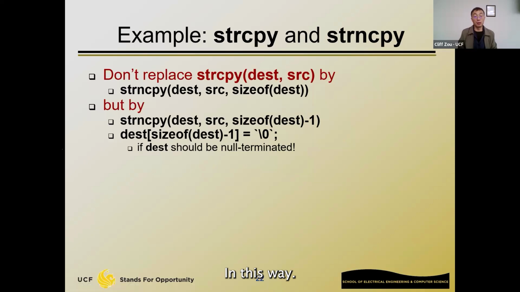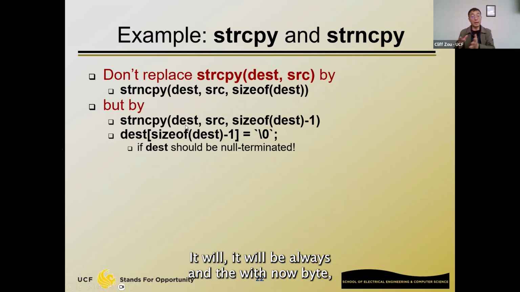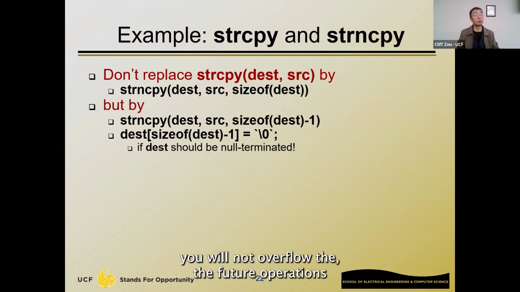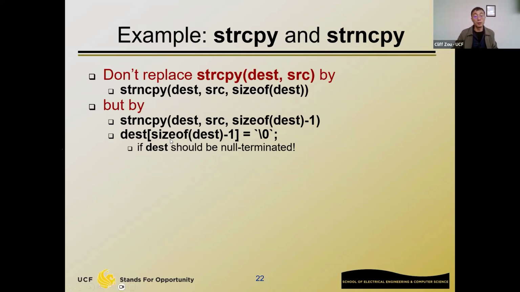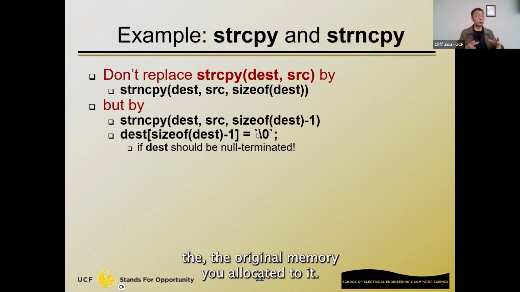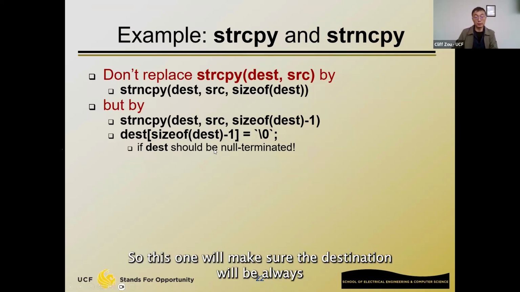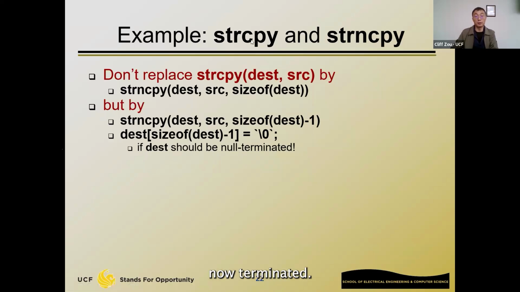In this way, it will always be ended with a null byte. Then all the other later string operations will not overflow. And this destination string will always be less than or equal to the original memory you allocated to it. So this one will make sure that the destination is always null terminated.